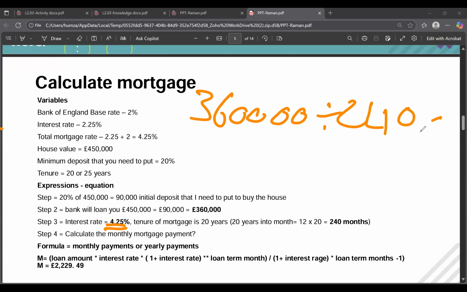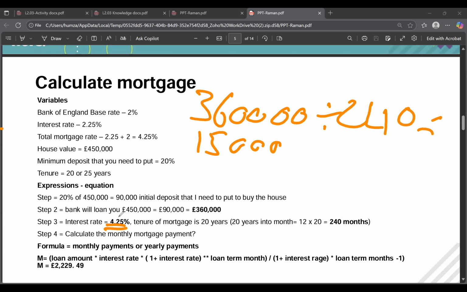You know why I'm doing that, right? Because the total loan is 260,000 and the months it's divided over is 240. So we get 15,000 as the answer. Remember, we need to increase it by the interest rate.